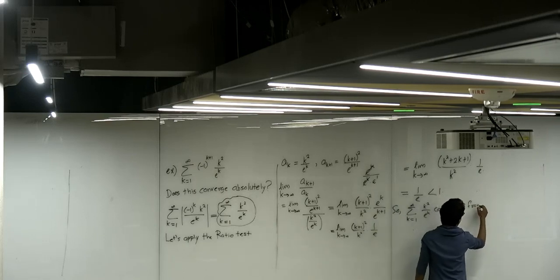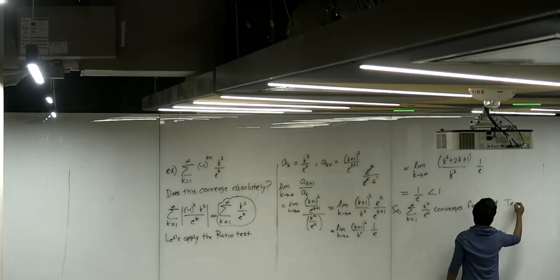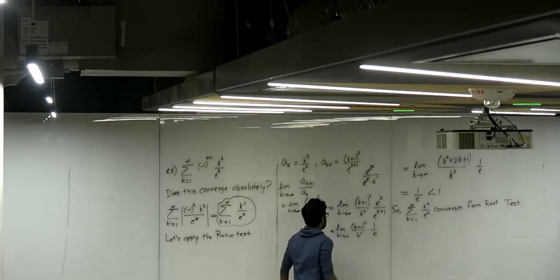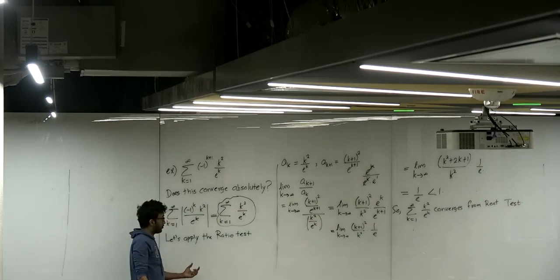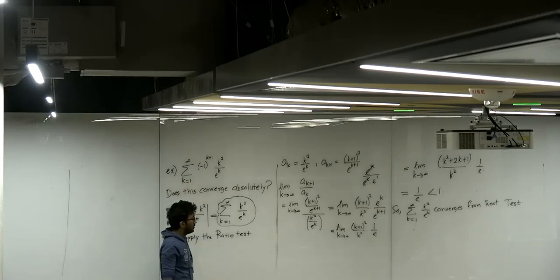Now what can you say about your original series? The series generated from absolute values is going to converge. So then we can say our original series should converge, right?